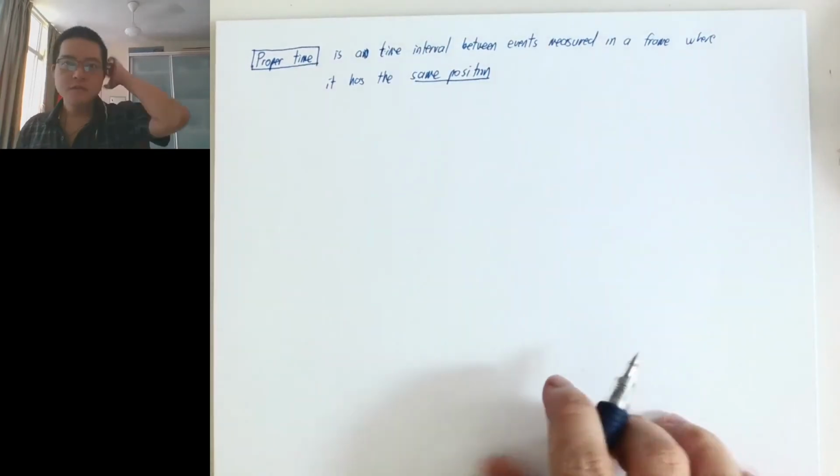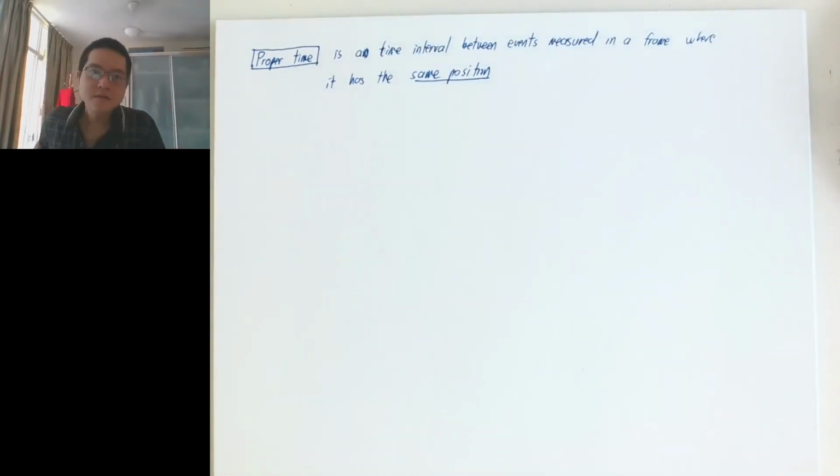So the proper time is the time interval between events measured in a frame that has the same position. Does that make sense?